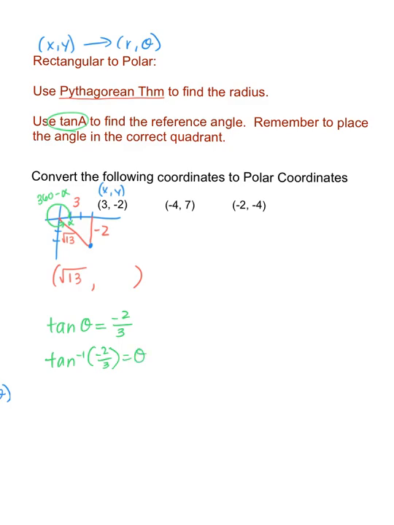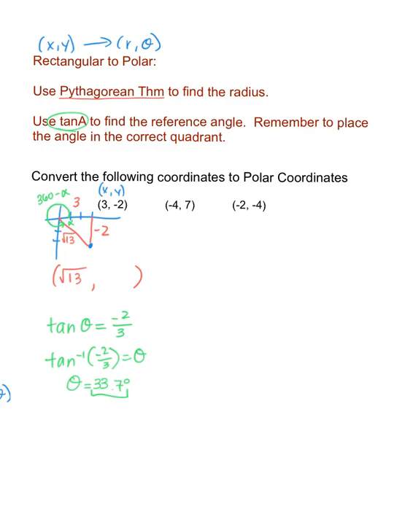So again, depending on what your calculator is giving you, it's going to give you either radians or degrees. So just be conscious of that, okay? My calculator is in degrees, and when I plug this in, I ended up getting a reference angle of 33.7, okay? Do not make the mistake of now just putting this into my final polar answer.